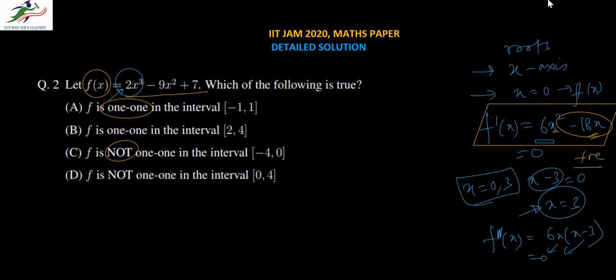So the first derivative being positive means that the curve will be increasing anywhere below 0, and for anywhere x equal to more than 3 will also mean that the curve is increasing after x equal to 3. So it will be something like this.